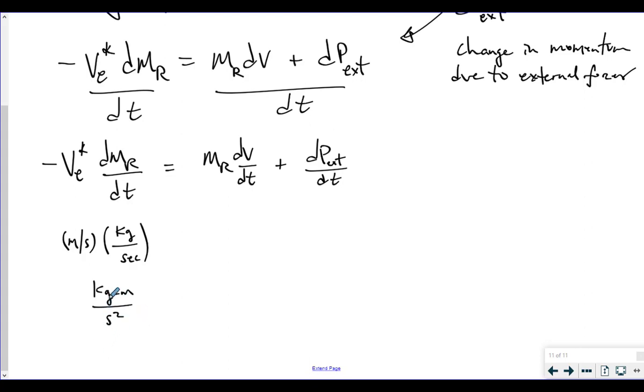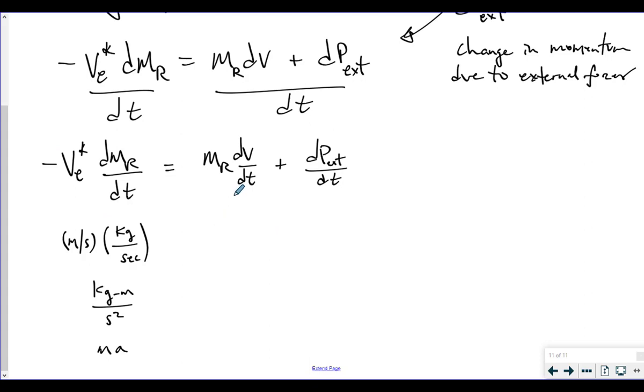And so this is a unit of mass, and this is the unit of acceleration. So there's my mass times acceleration. So this represents units that I could describe as force.